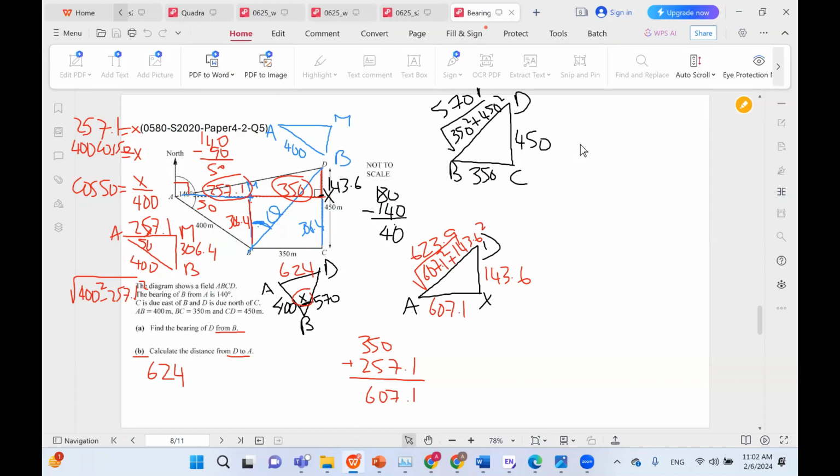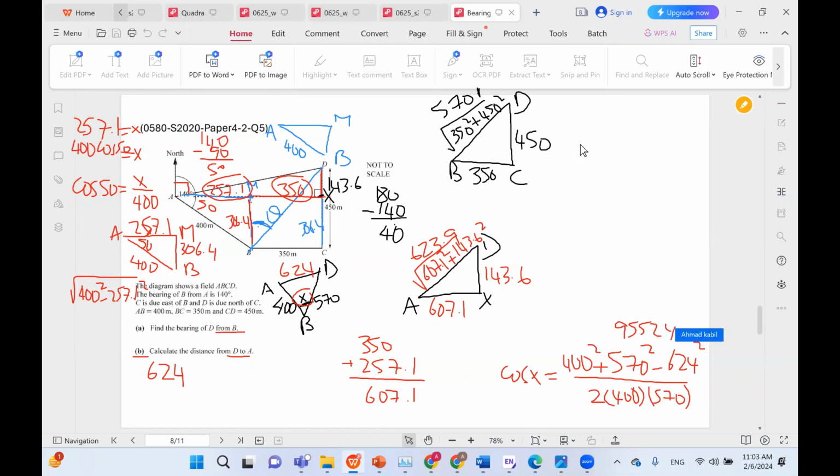So cosine angle X is equal to 400 squared plus 570 squared minus 624 squared over 2 times 400 times 570. I'm going to evaluate the numerator. 400 squared plus 570 squared minus 624 squared. This is 95524.